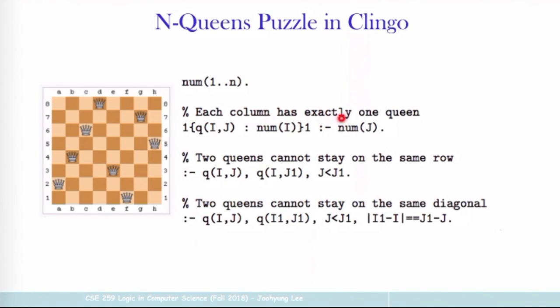This line says that each column has exactly 1 queen, which is obviously one of the requirements for the n-queens problem. 2 queens cannot be on the same row, and 2 queens cannot be on the same diagonal. So this is just the problem specification in English, and all you need to do is turn this into some logic form, and then the computer will find the solution for you.